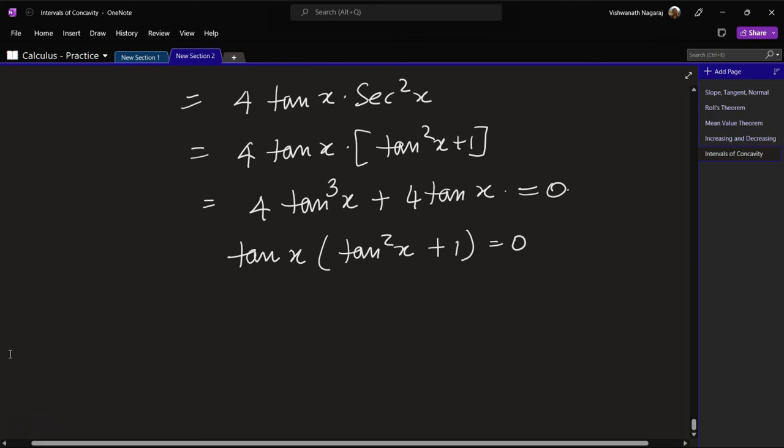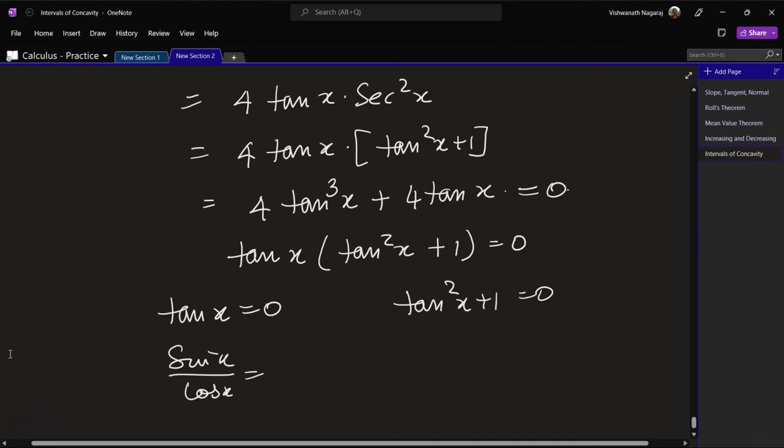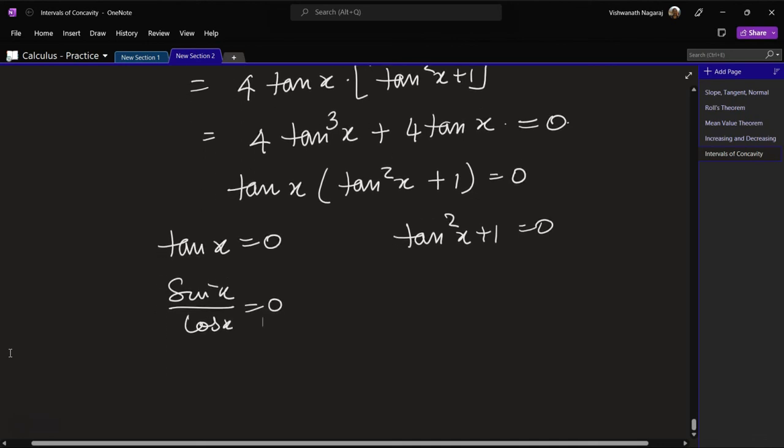Which means tan x equal to 0 or tan square x + 1 equal to 0. Tan x is sin x by cos x equal to 0, which means sin x is equal to 0, which means x is equal to -pi, 0 and pi.